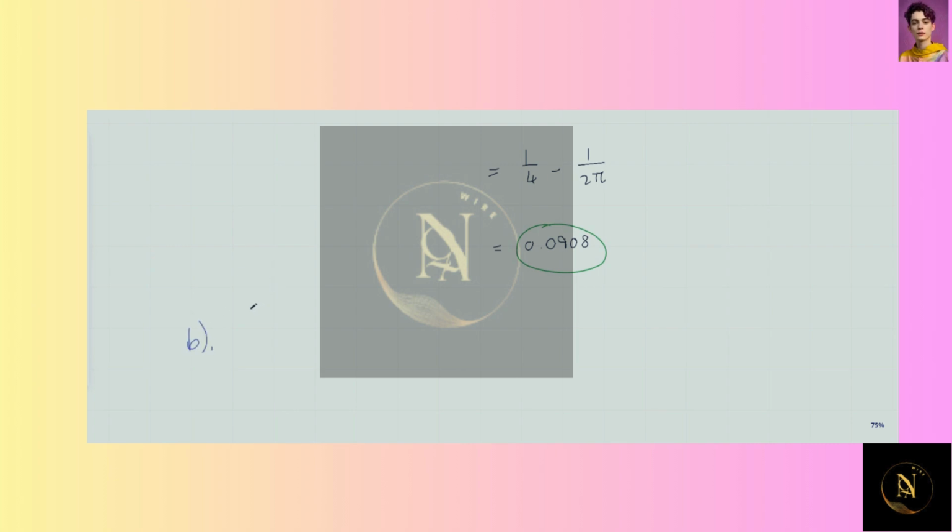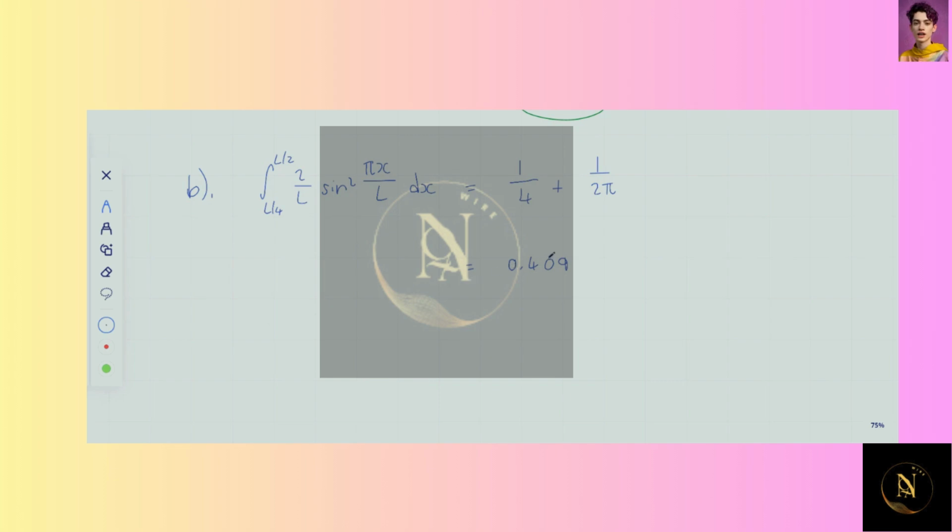Now, if we repeat the integral with limits of L over 4 and L over 2, so the integral of 2 over L going from L over 4 to L over 2, and this is the integral of 2 over L times sine squared of pi x over L dx, we find this to be 1 over 4 plus 1 over 2 pi using similar steps as above, and we get this probability to be 0.409.